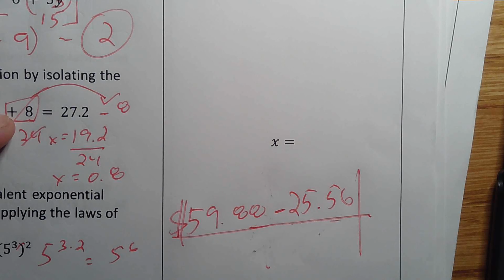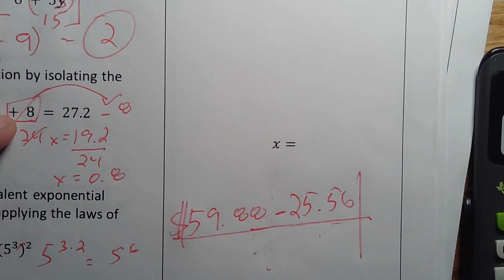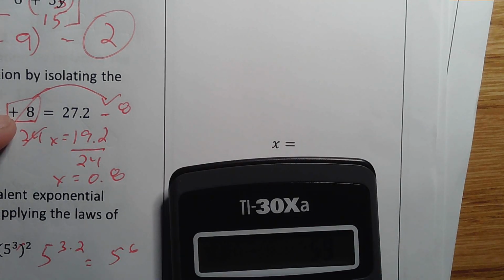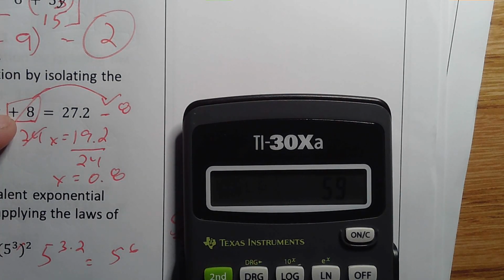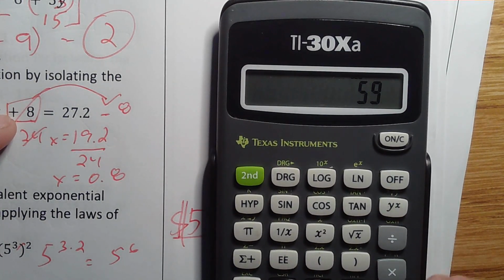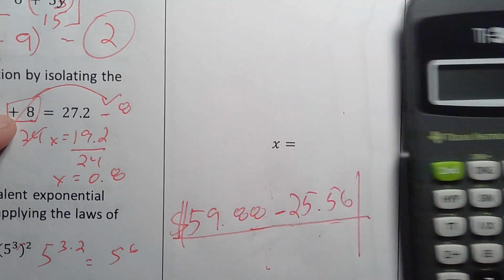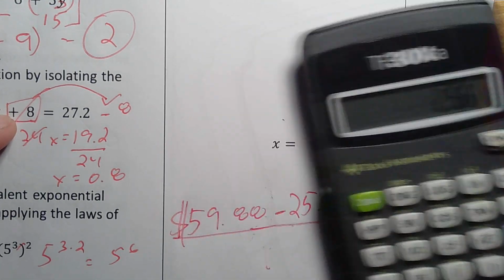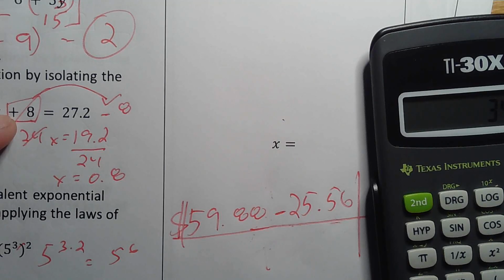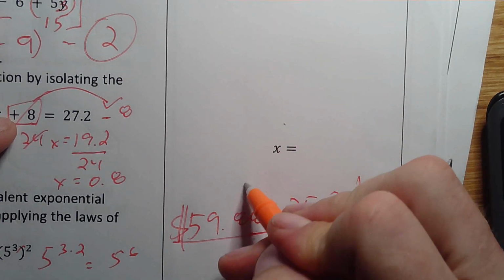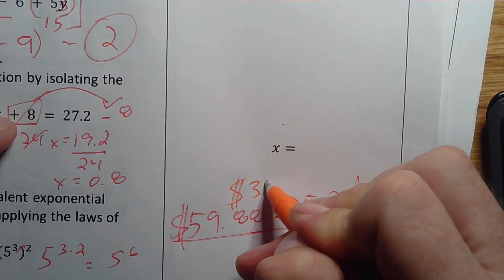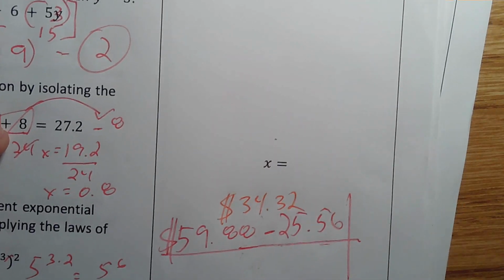So 59.88 minus 25.56 ends up being 34.32. He needs $34.32.